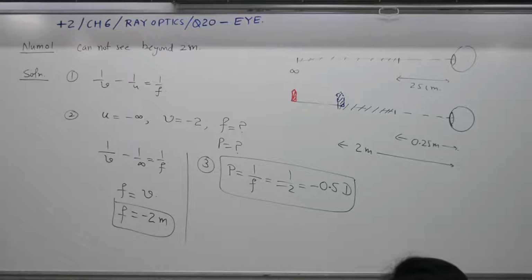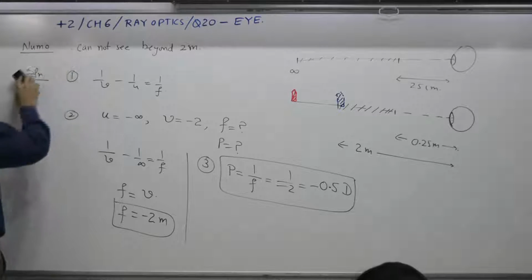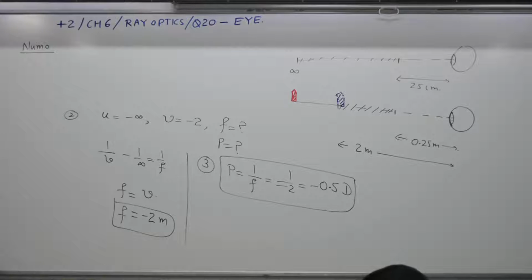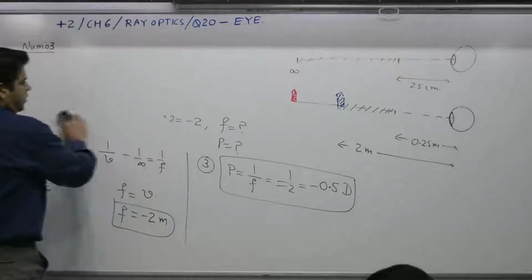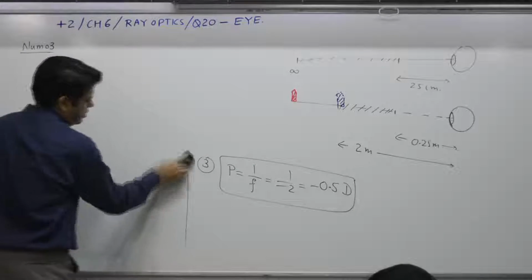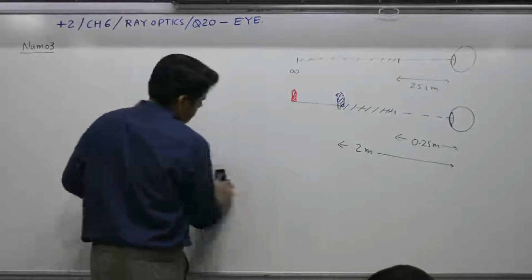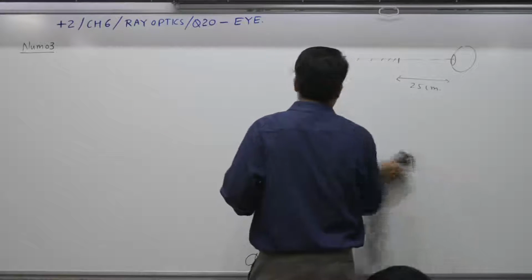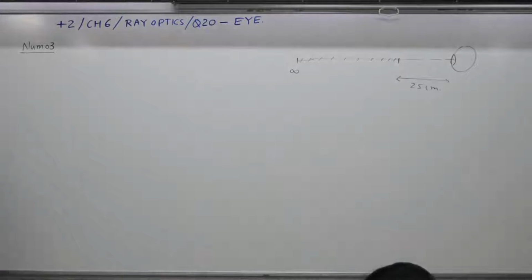Try numerical number 3. Numerical number 3: a person cannot see the object distinctly when placed at a distance less than 100 centimeter.